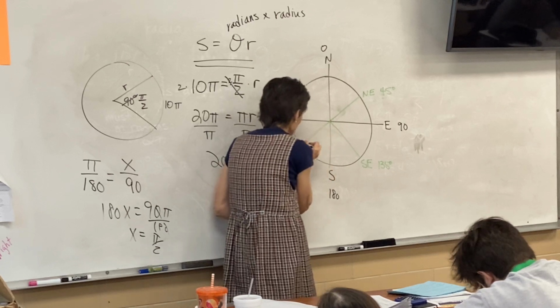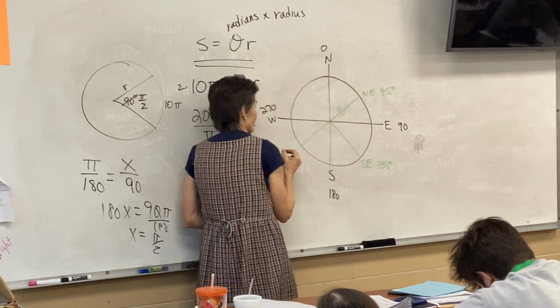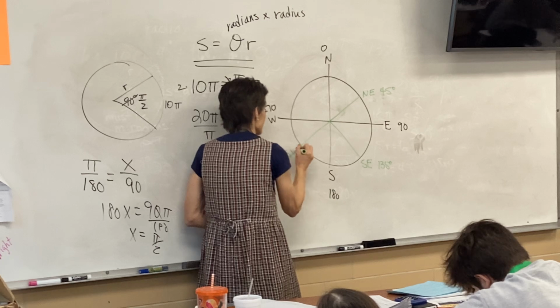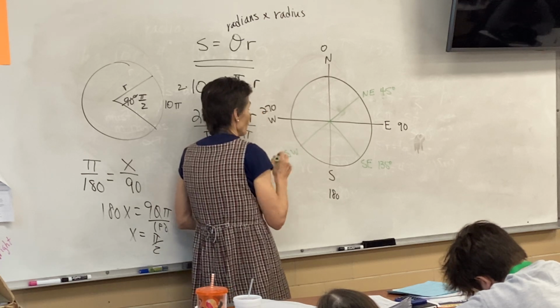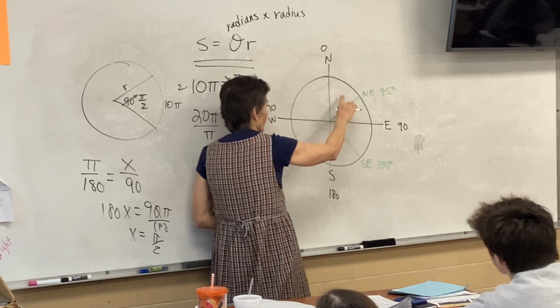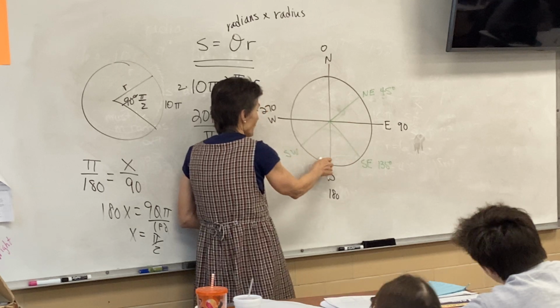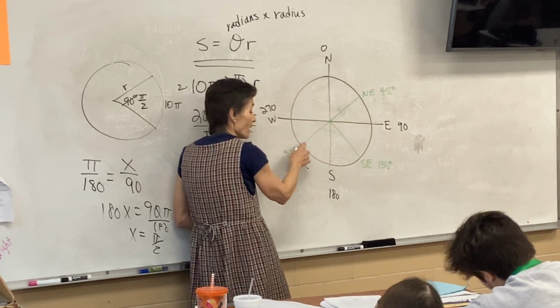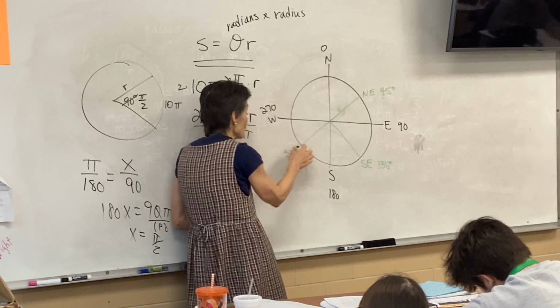How about this guy? What's he? Southwest. And what would be his degree measure? Remember, we're going this way. So here's 180, and then another 45, 225.